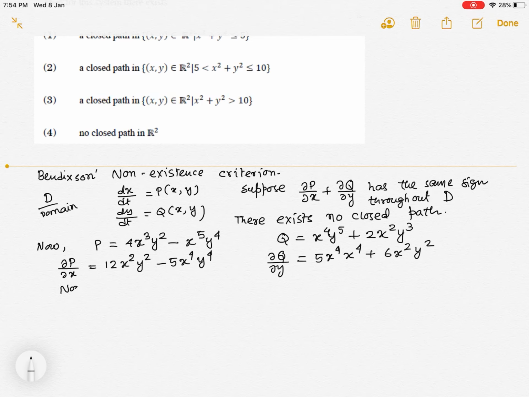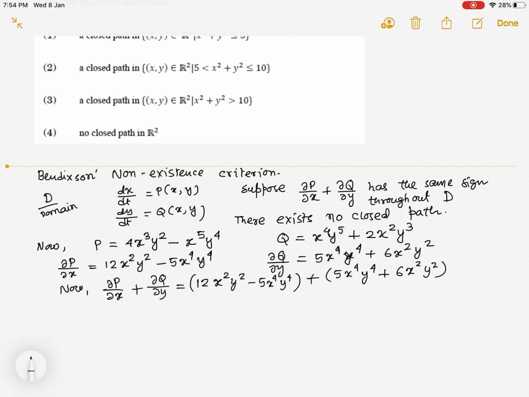Now ∂p/∂x + ∂q/∂y = 12x²y² − 5x⁴y⁴ + 5x⁴y⁴ + 6x²y².